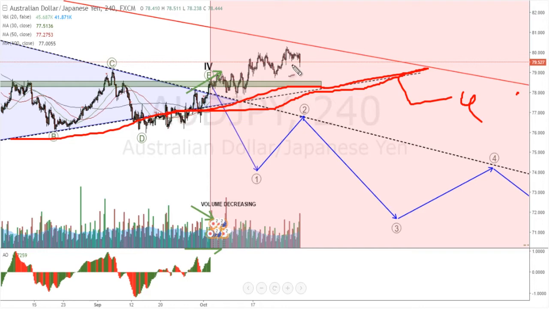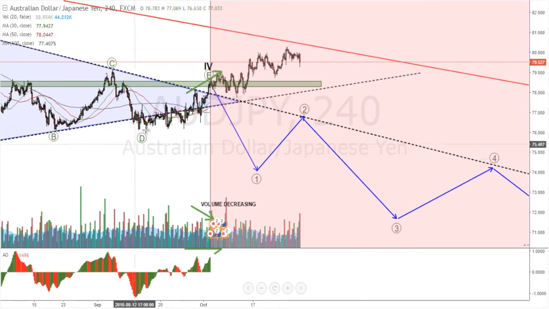So it didn't give me the entry, so it never broke down that line. So if it's going to do something like this, now I have another channel there. I can look for an entry there at a better price than if I had forced my entry somewhere around there. So it's nice to wait.